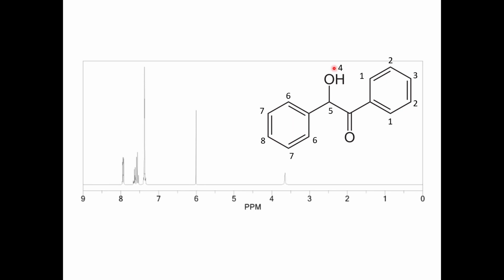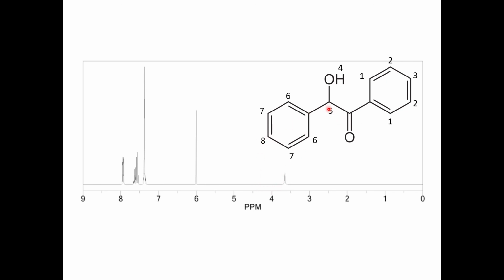So our alcohol is always going to appear pretty low on the spectrum, and it'll appear as a singlet. So we can assume that this little peak is the alcohol. Meanwhile, our sp3 hybridized hydrogen is not only next to an alcohol, but also next to the carbonyl as well as its benzene ring.